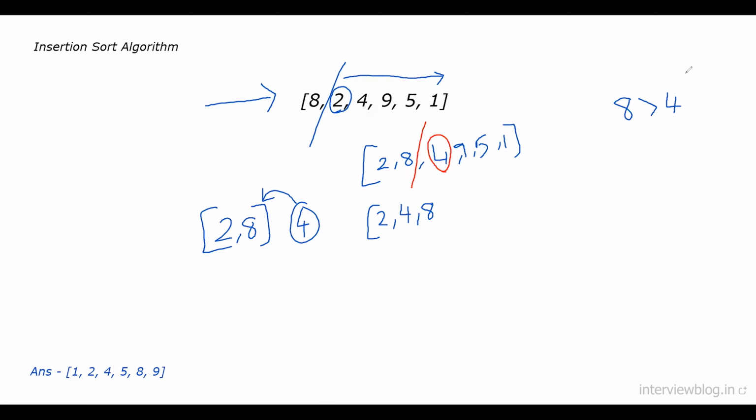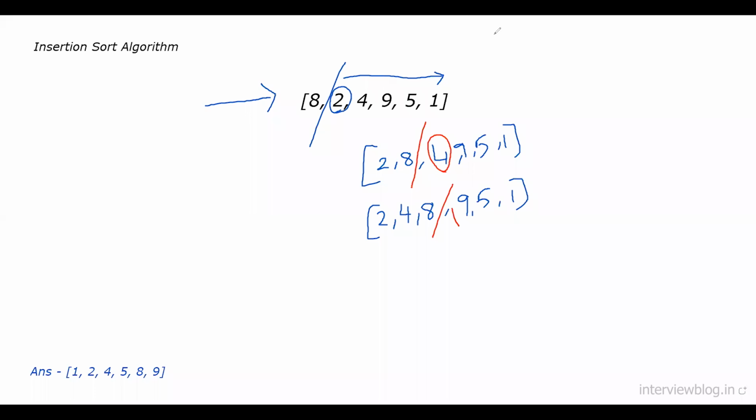Now I will compare this 2 and 4. While comparing 2 with 4, we can see that 2 is less than 4. Hence, there will be no swap. So our tentatively sorted list is now 2, 4 and 8, and the remaining part of the array is 9, 5 and 1.